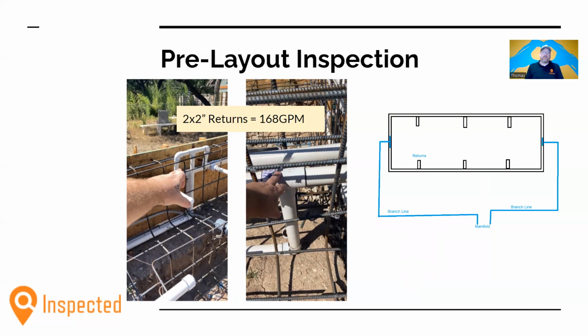Well, there are a lot of jets in a lot of these spas, and it turns out that a 2-inch pipe that can only flow 84 GPM doesn't have a lot of oomph when it comes to being spread around 6 or 8 jets. So in many cases, builders are opting, instead of increasing the pipe diameter, to increase the quantity of pipes. In this one, the builder opted to put 2-inch returns on the jet loop, one on the left side, one on the right side, with at least a couple of jets in between them.